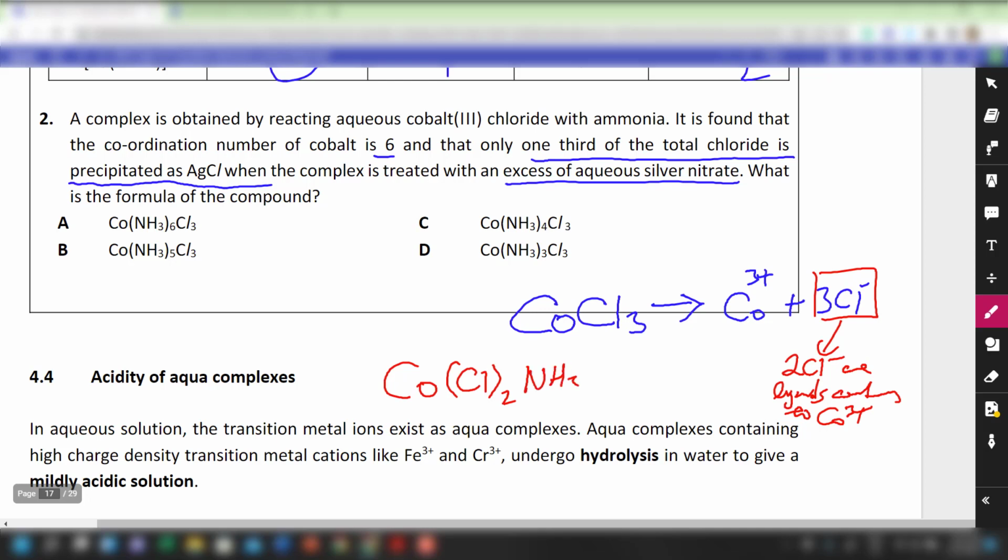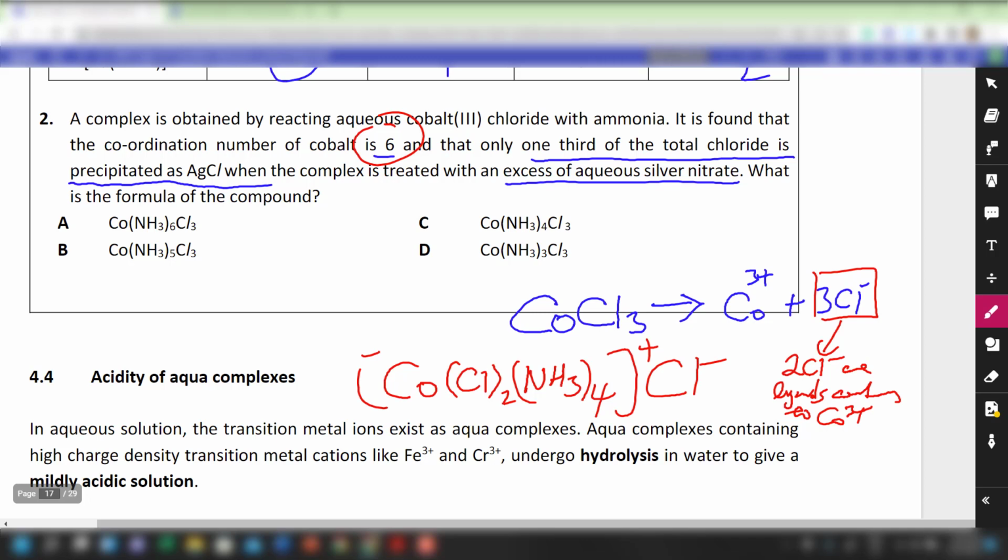You might be asking, how do I know there's 4 ammonia? Well, the question said that the coordination number of cobalt is 6, so 4 ammonia makes sense. This is the complex, and of course it will take on a plus charge because cobalt is +3, Cl is -1, and then we have a chloride outside. So that makes perfect sense.